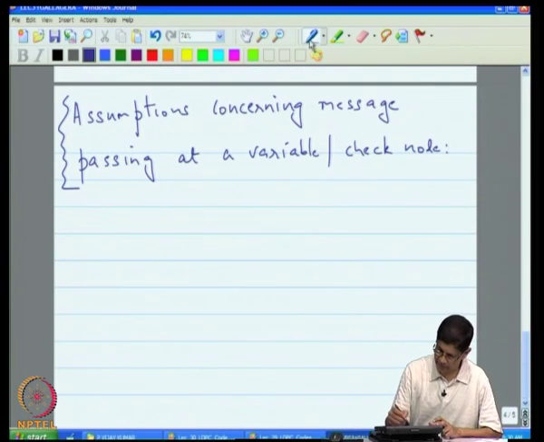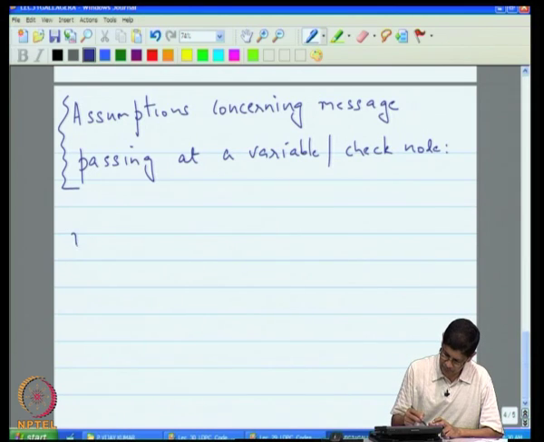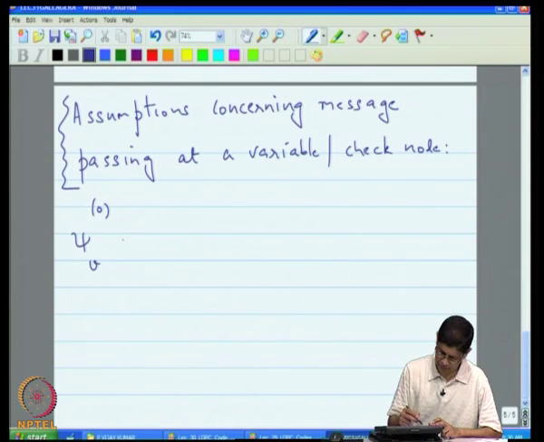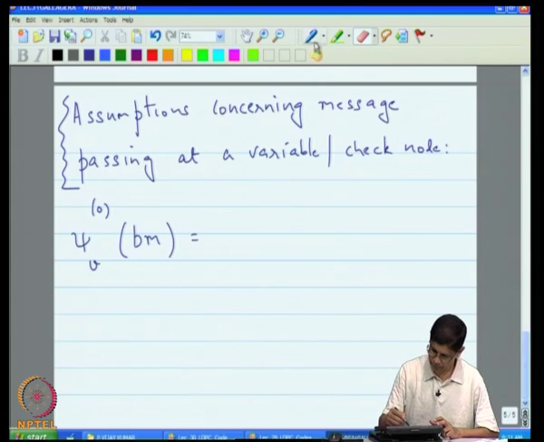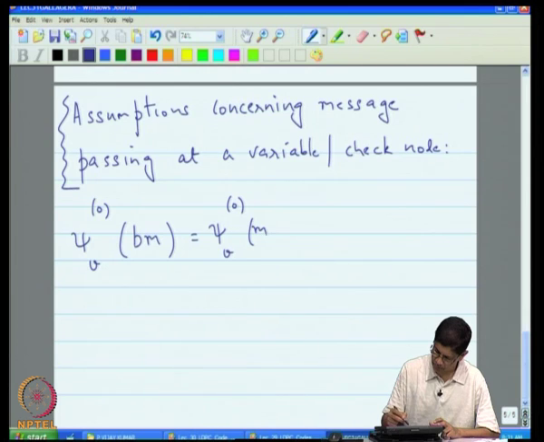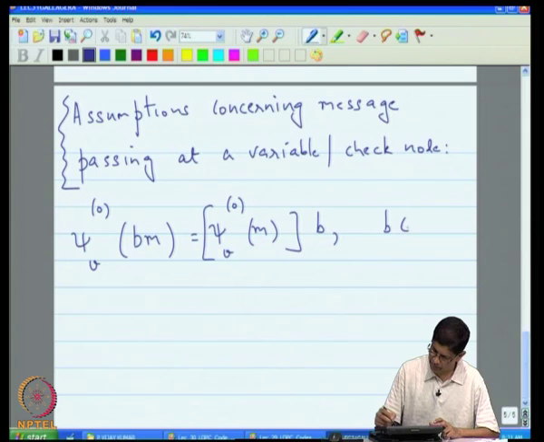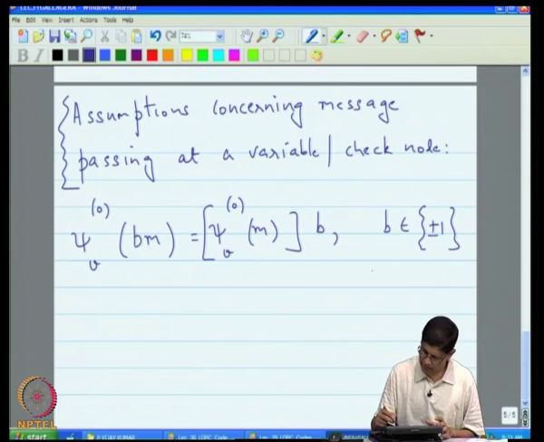So, we will say that psi v of 0 of b m is equal to psi v 0 of m times b, where b belongs to plus and minus 1 and m belongs to the message alphabet.